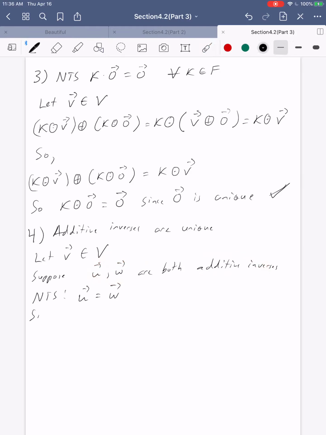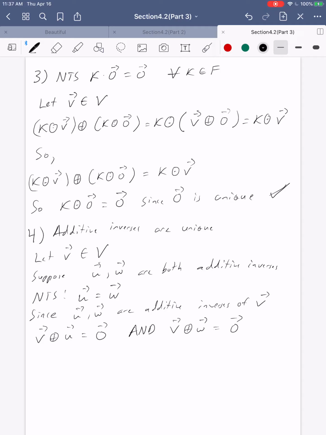Well, this will be our actual proof here. Since U, W are additive inverses of V, that tells us that V plus U is equal to the 0 vector, and V plus W equals the 0 vector.